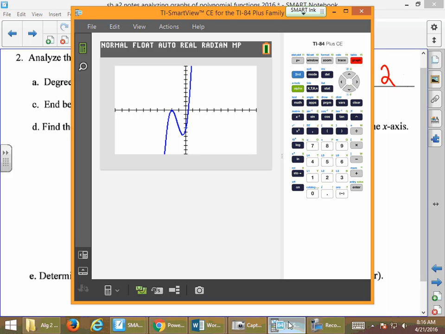But if you look here, here's -2. See how it touches? It stays below. That part of the graph stays below the x-axis. And over here on our other root, it crosses. In our graph, we've got parts that are above the x-axis and parts that are below the x-axis.